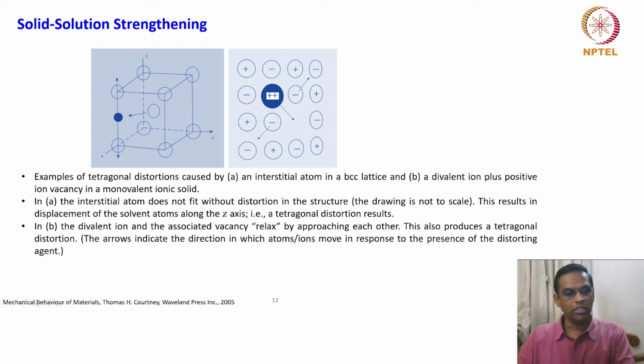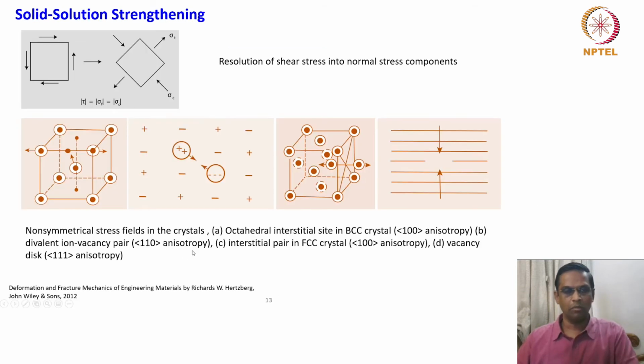This also produces tetragonal distortion. The arrows indicate the direction in which the atoms or ions move in response to the presence of the distorting agent. Okay. So this is one simple demonstration about this distortion. Now I'll show a little more explanation on this with a few more examples.